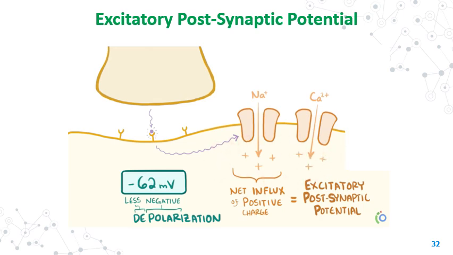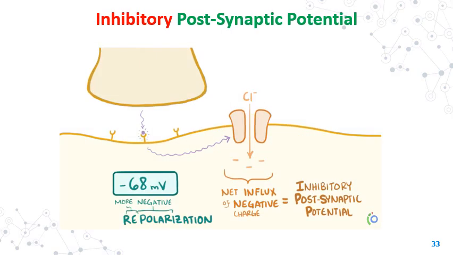Now, in comparison, instead of having positive charge going in the cell, if you push in negative charge that goes inside of the cell, you're going to shift your membrane potential lower than your resting membrane potential. So what does that mean here?